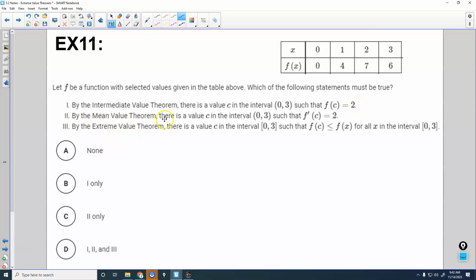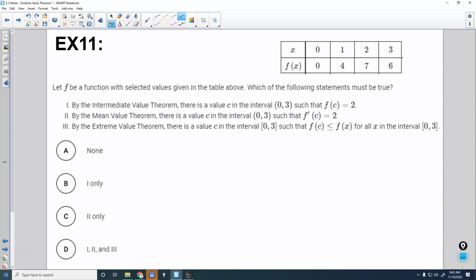By the mean value theorem, there is a value c from 0 to 3 such that f prime of c equals 2. And by the extreme value theorem, there is a value c such that f of c is less than f of x for all x in the interval. What is the answer to this one? It's not D. It's not B. It's A. Why is it A?